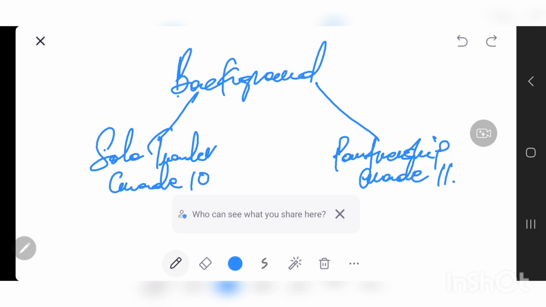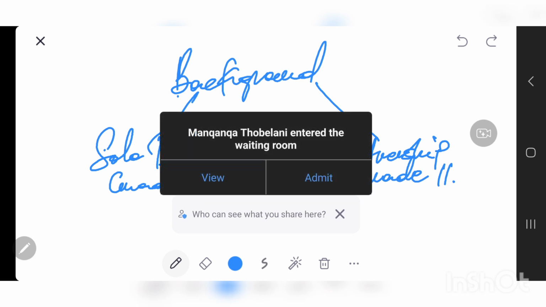This one also operates more like a sole trader, but the difference is that it has many people involved. It has many partners, or many owners. You can set up a partnership by drawing a partnership agreement, so that whatever the partners agree on, at least it's written down on paper.